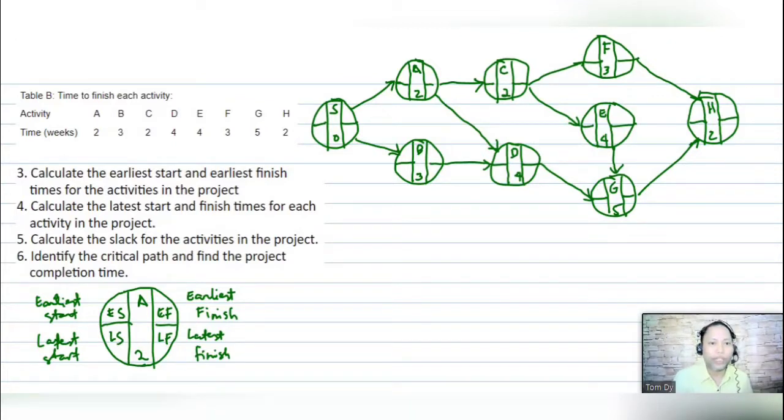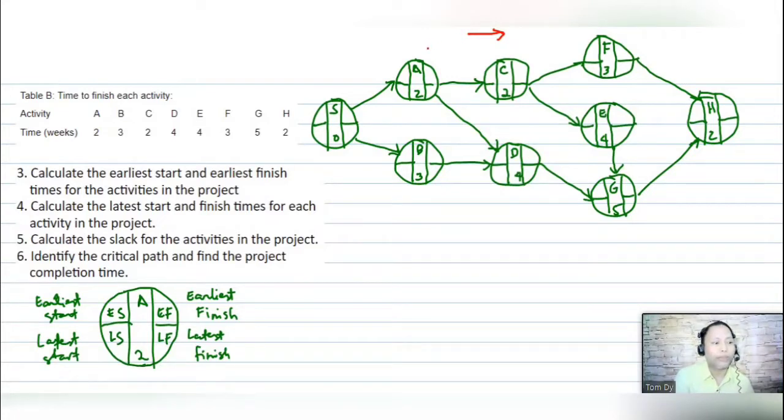So we will draw here a forward pass, color red. So this is an arrow with this direction. Forward pass means we start from S until the last activity. So that is what we call forward pass.